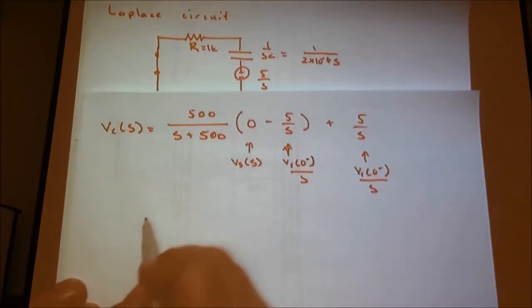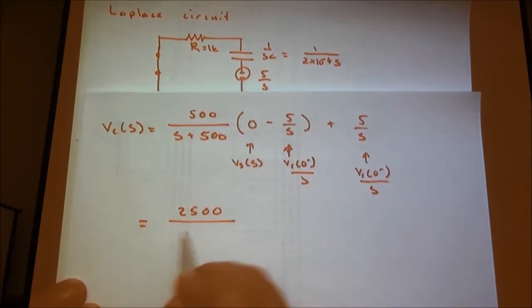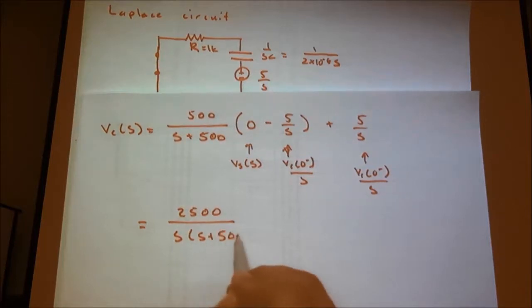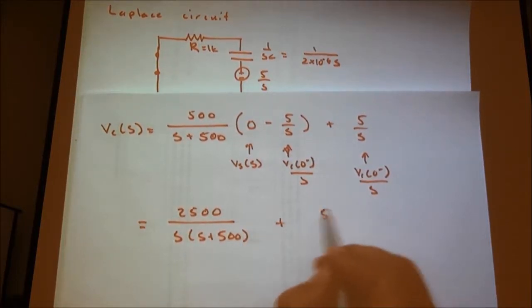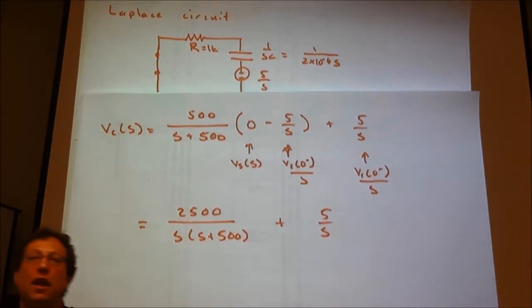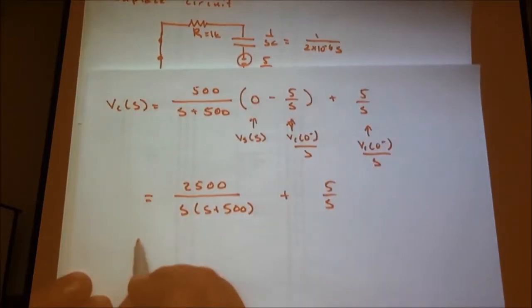And so we can write this out again, 2500 over s plus 500 plus 5 over s. And this is where I said you don't have to really get one fraction. This is fine. You can have multiple fractions. If you're hardcore, you could multiply things out.